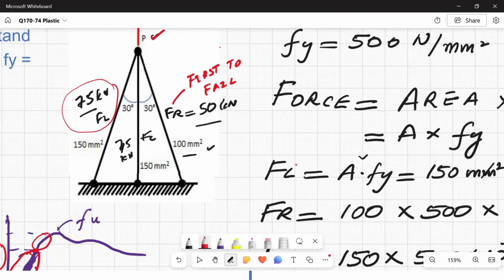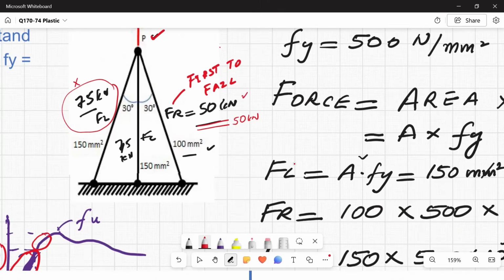Now it's taking 50 plus 50, which is 100, and that's not the capacity of this member. So for plastic analysis, we will consider that the right one is failing at 50. Then the left member has to fail at 50 as well, because when the right material fails, to maintain equilibrium, the load taken by this force P is double.